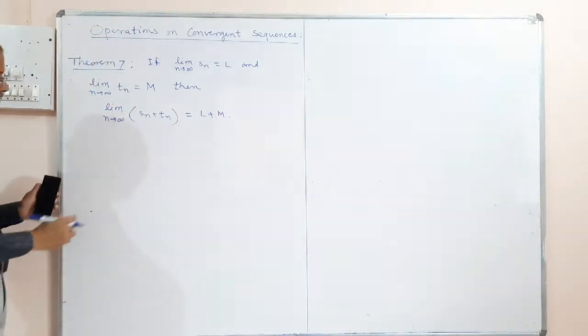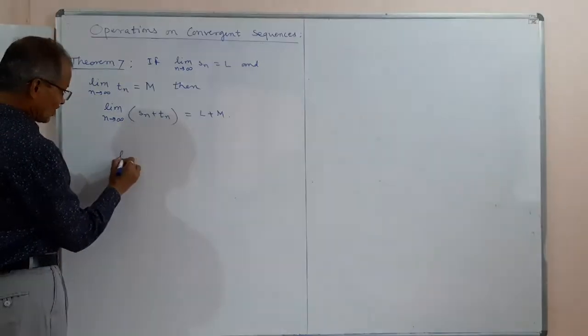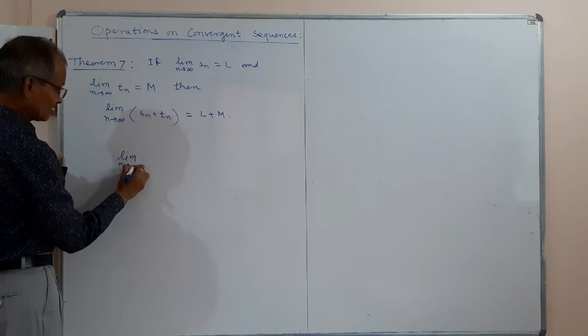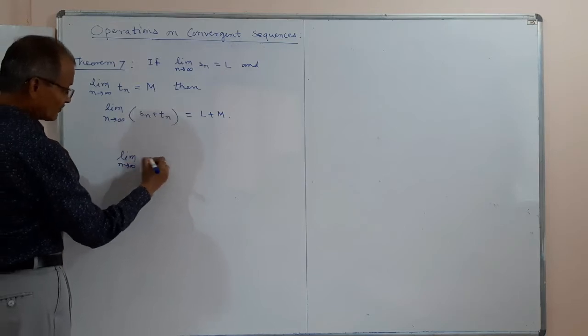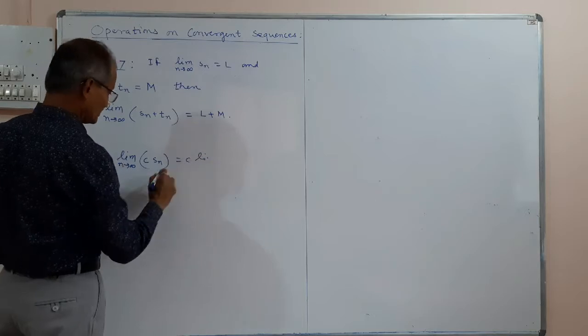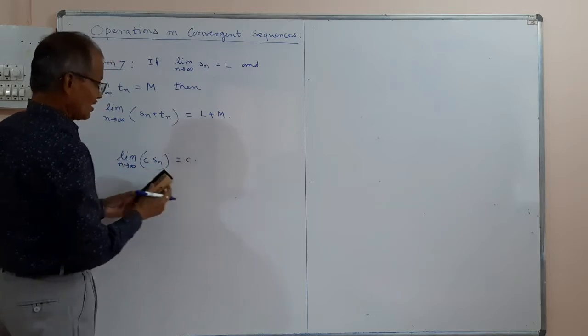And the next results we will be proving are like this: if Sn converges to L and C is a constant, the limit of C times Sn will be C times the limit of Sn, that is C times L.